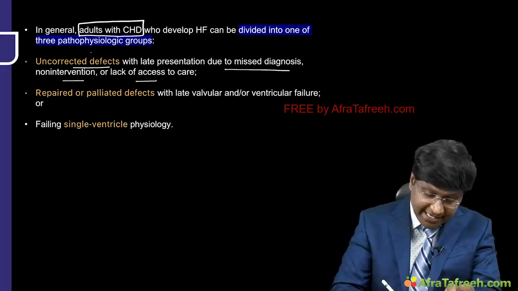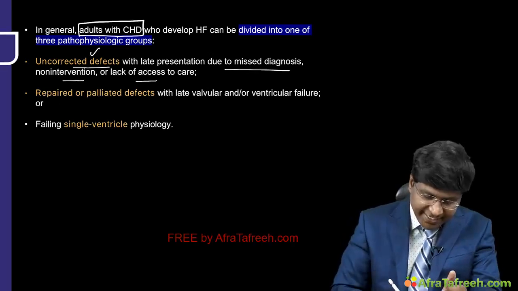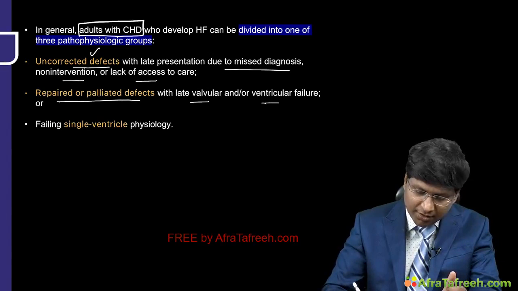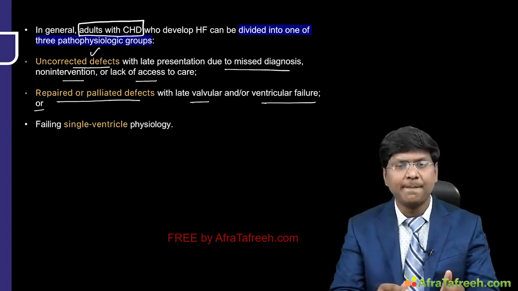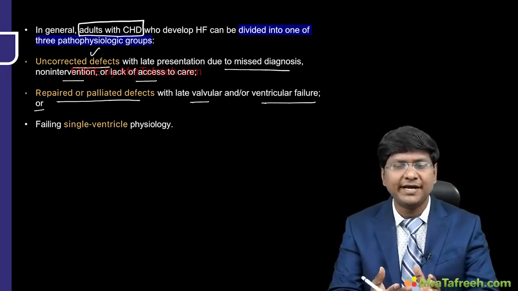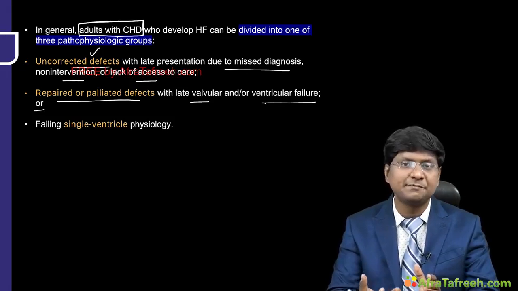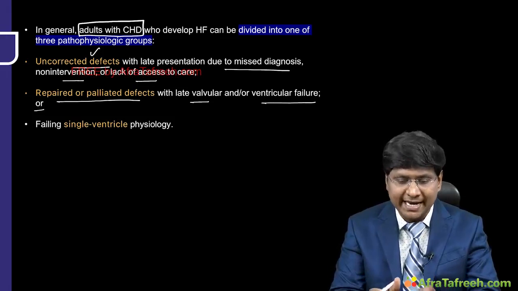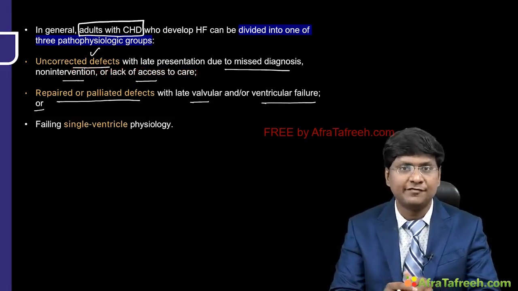Next, repaired or palliated defects with late valvular or ventricular failure. For example, take a child with a congenital bicuspid aortic valve. That child goes into a state of aortic stenosis, and aortic stenosis presents with heart failure.